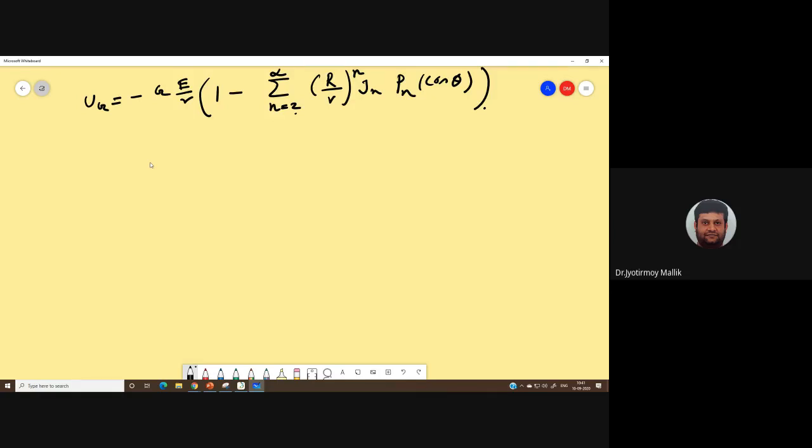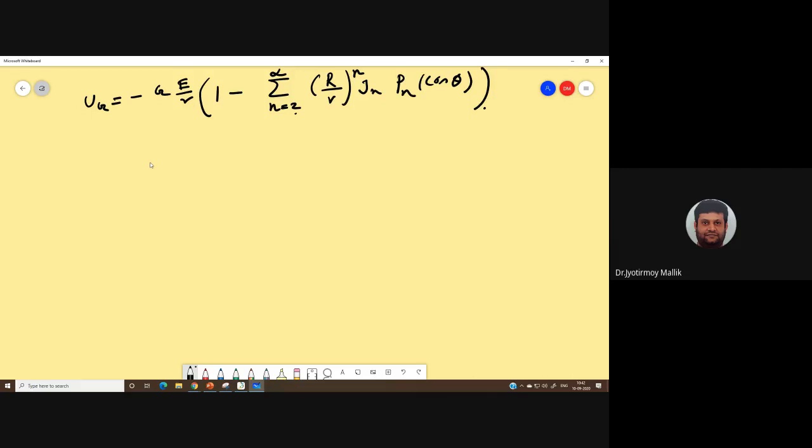So if n equals 2, I get the elliptical term. I'm not explaining it properly, so let me try once more. Why I have to go to infinity I have explained: because I need to satisfy Laplace's equation.